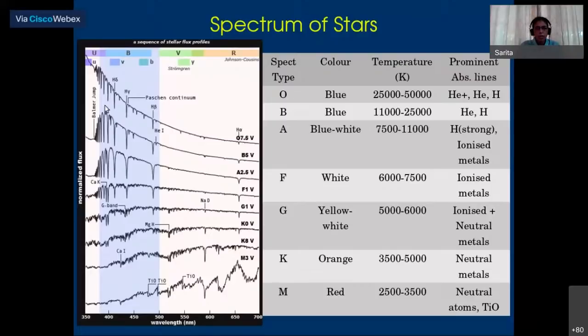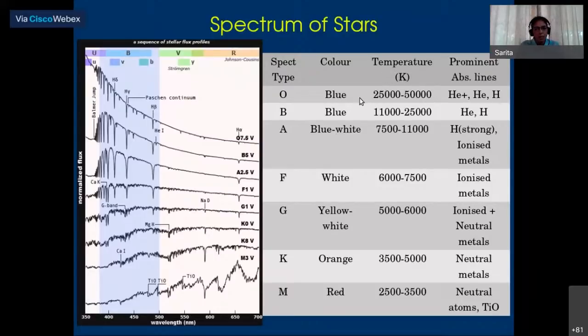Now let us look at the characteristics of these different spectral types. And these are the characteristics for not only the main sequence, any type of stars which have these surface temperatures. For the spectral type O, it will appear bluish in color, and its surface temperature can range from 25,000 to 50 or 60,000 Kelvin.